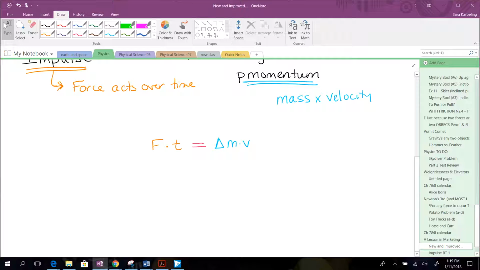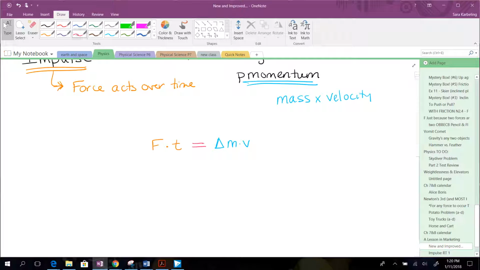Generally, not always, but in most of the problems that we're going to do in this classroom, as forces are applied to objects, which thing do you think probably will change? The velocity. Most of the time, the mass is going to stay the same.